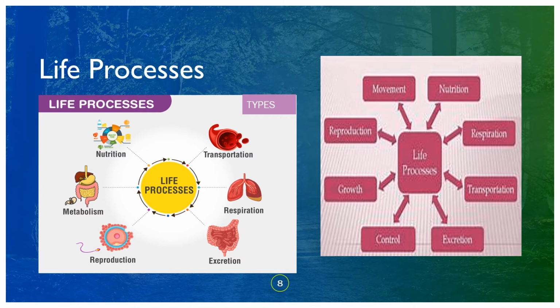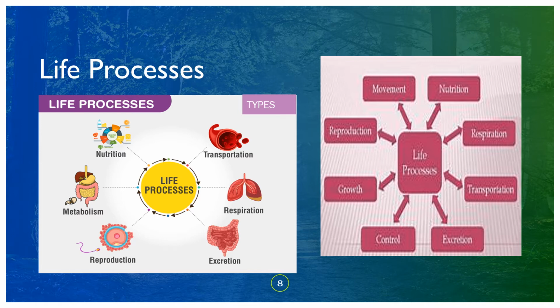And in case of reproduction, these are the male and female reproductive cells, you can say. And in case of metabolism, digestive system is there, and nutrition, there are various types of nutrients and those are included in nutrition part. So always remember to highlight your answers with such type of pictures.